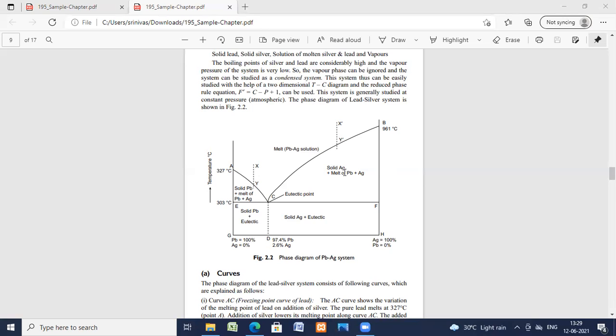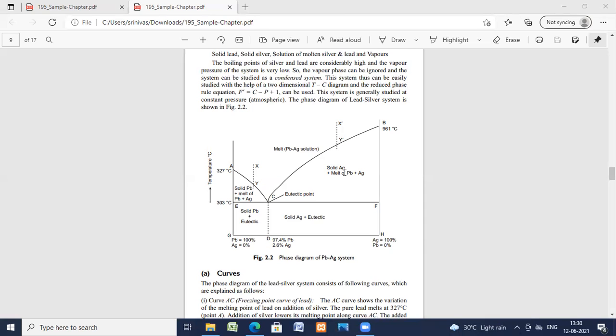The two component system being lead and Ag, various possible phases are solid silver, solid lead, solution of Ag and lead, vapor. In Ag lead system, boiling points of both Ag and Pb are high. Vapor pressure is practically absent.